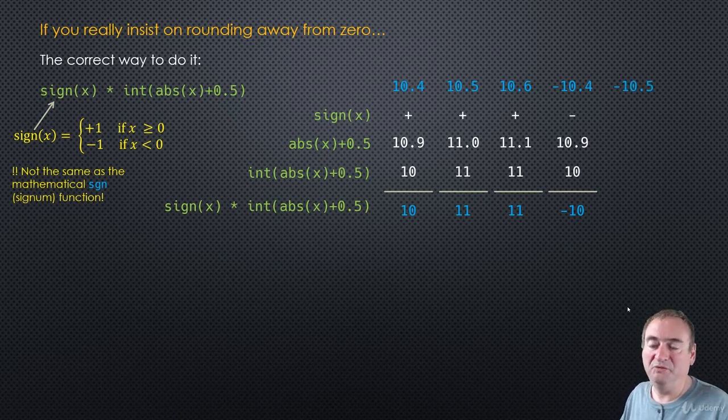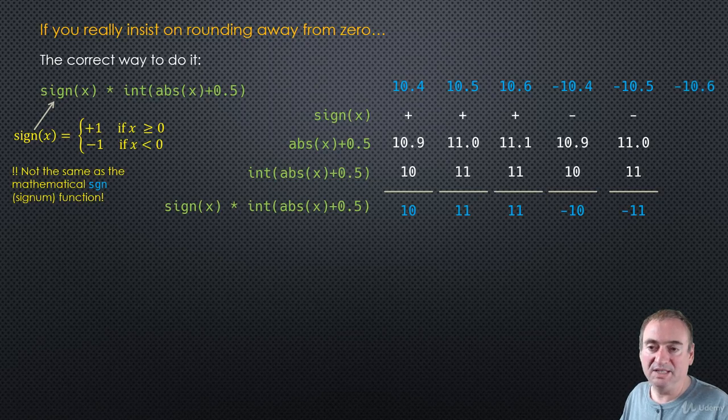Let's look at negative 10.5, which is the tie. Again, it's a negative value, so we'll have -1 for the sign. The absolute value plus 0.5 is 11. When we truncate that, we get 11, and we multiply that by -1 to get our result, which is -11. Again, that worked. The tie breaking rounded away from 0. That's what we wanted.